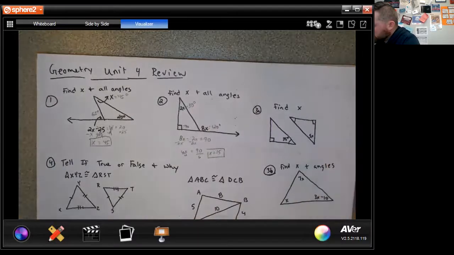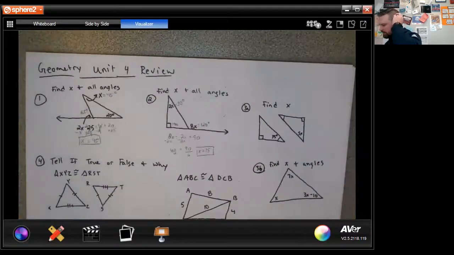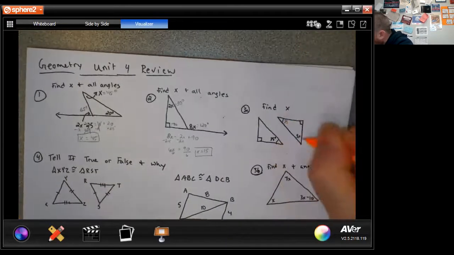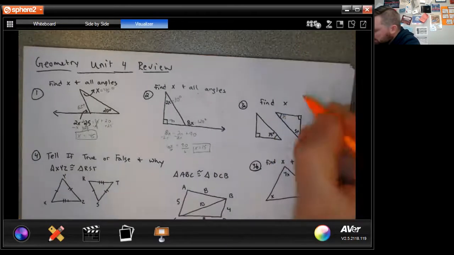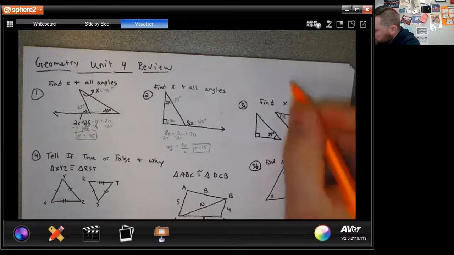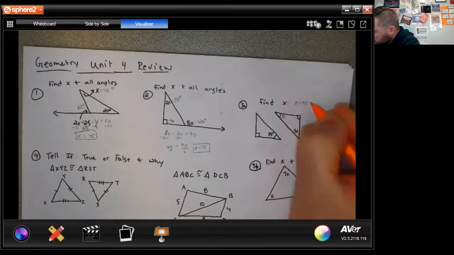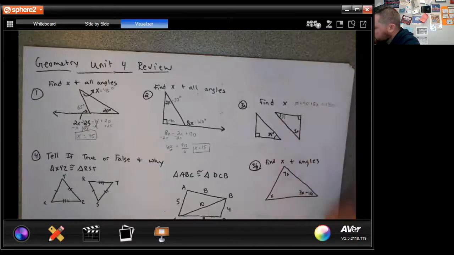Here we want to find x. Okay. So all the interior angles add up to 180. So I have 90. I have this angle, which this one and this one are the same. So it's 35. And then I have 5x. So if I add those together, so you have 35 plus 90 plus 5x, it will equal 180 degrees.